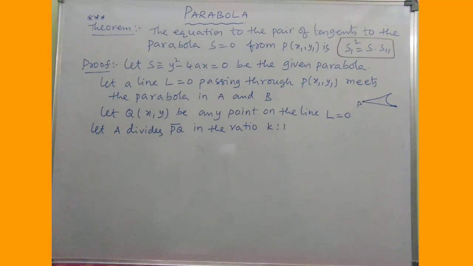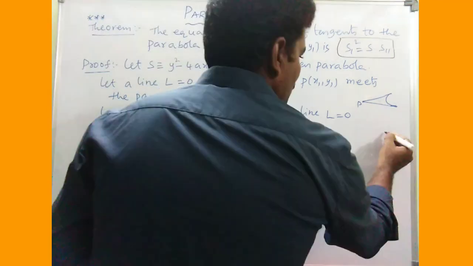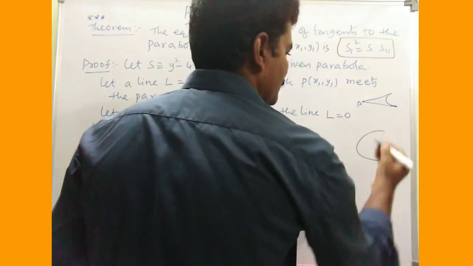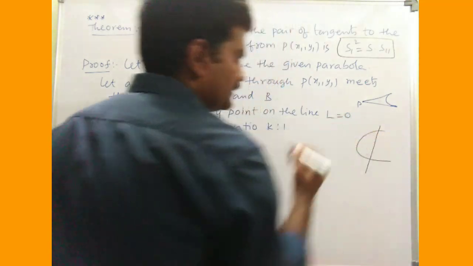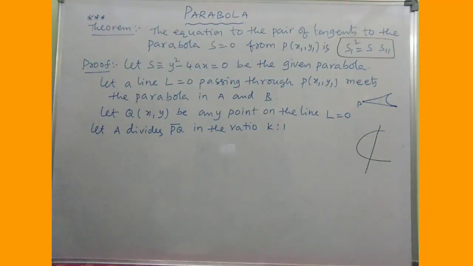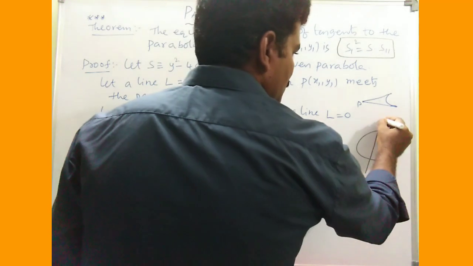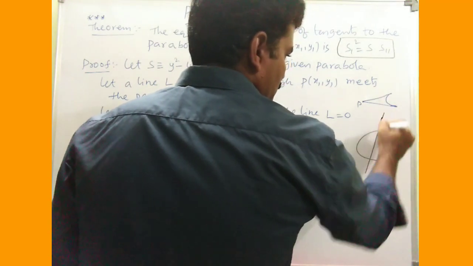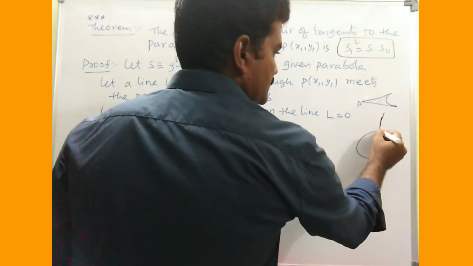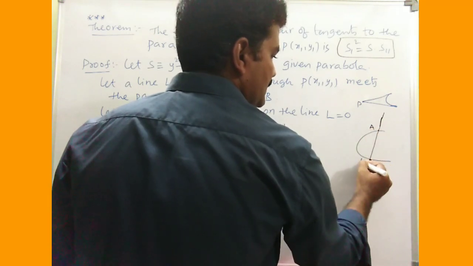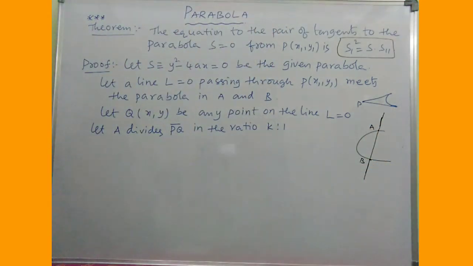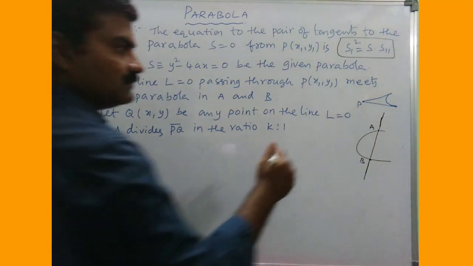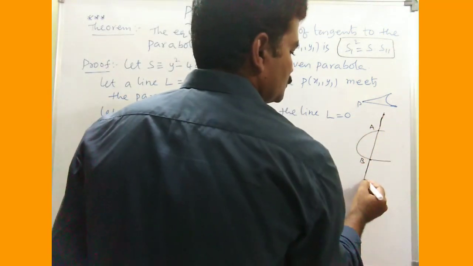I think you already discussed this concept in circles also. Anyhow, let it be the parabola and see that this is the chord which is passing through, first of all, say capital A and capital B are the points of contact, and this is also passing through two more points.